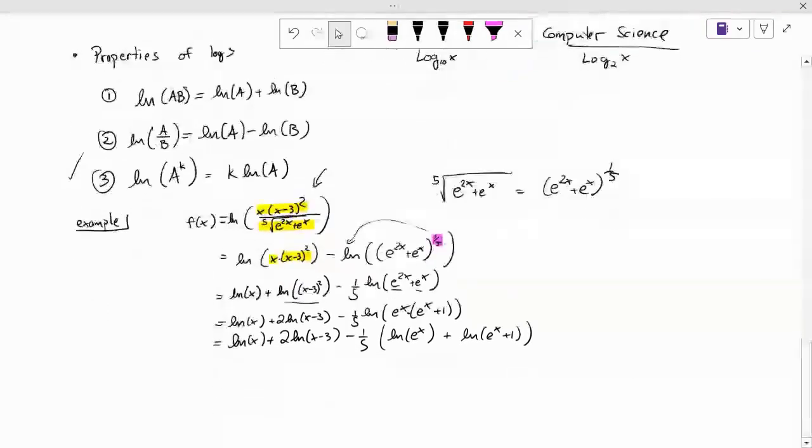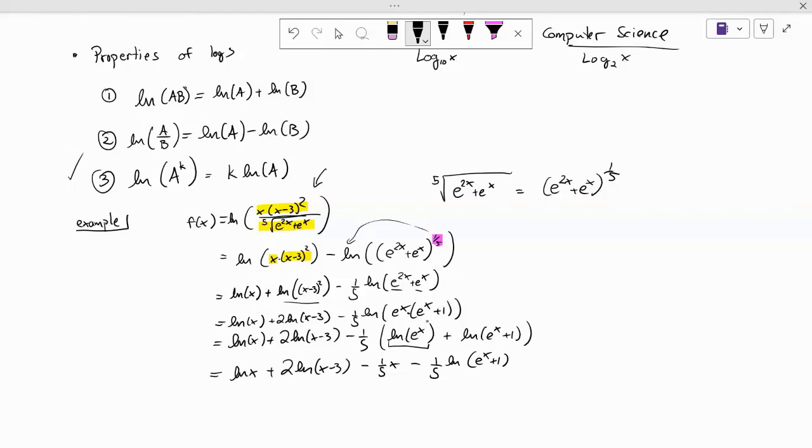All right. I suppose there's one more thing we could do. Of course, log of e to the x is just x, log and exponential being inverses of one another. And by the way, this does not simplify.